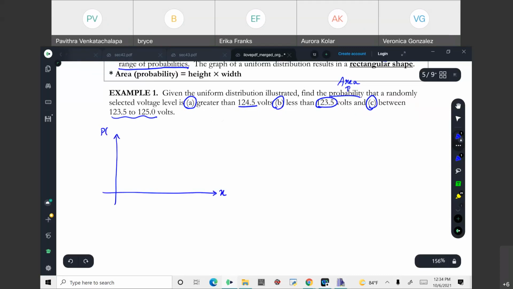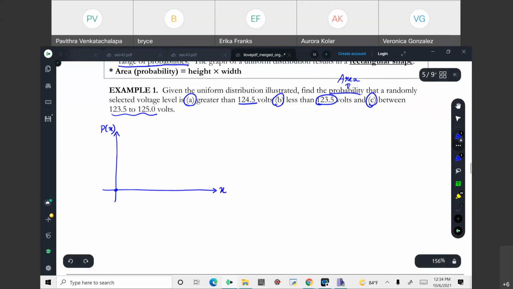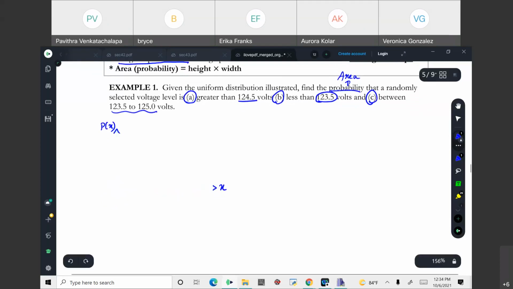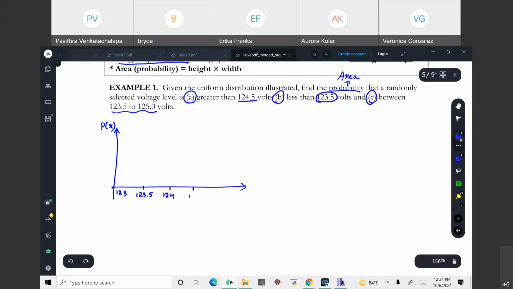This is x, this is probability of x, or the area. Now this is the 0 value. What they are saying is, it is greater than 124, less is 123. So I will start from 123, go to 124, 125. 125 is the highest score. This is just a random figure. You can plot anything you want, but it has to include the numbers mentioned in your question. 124.5, 125.